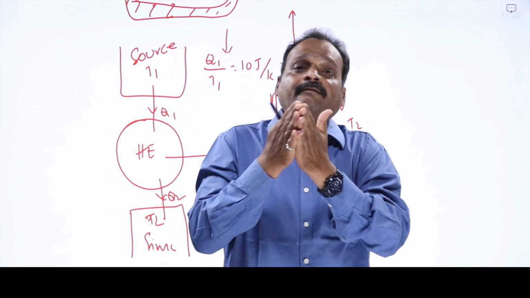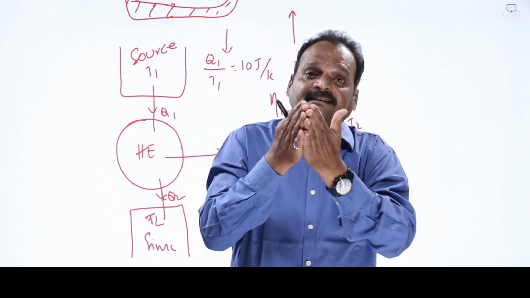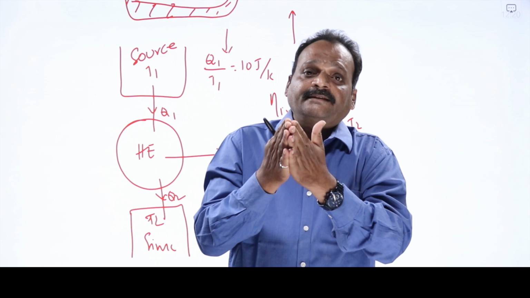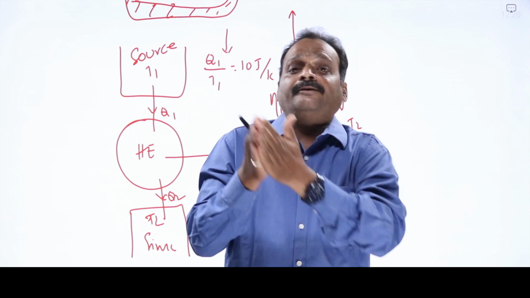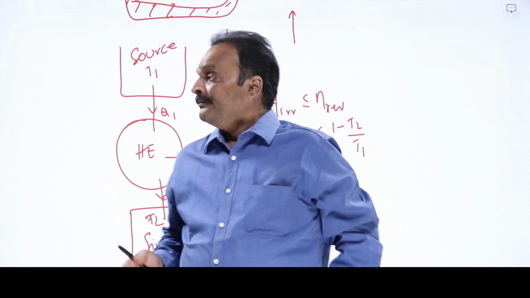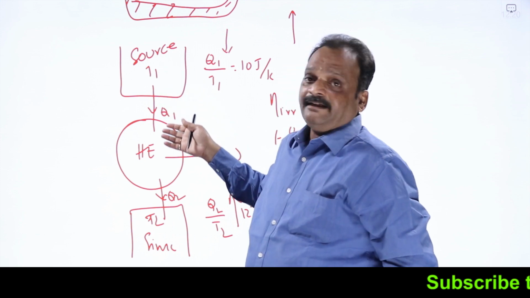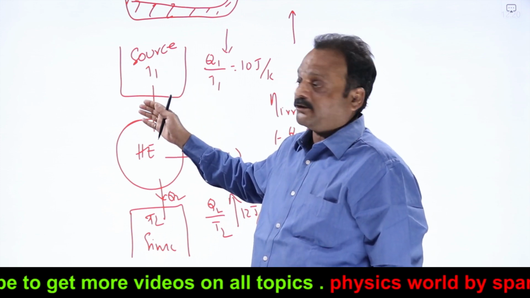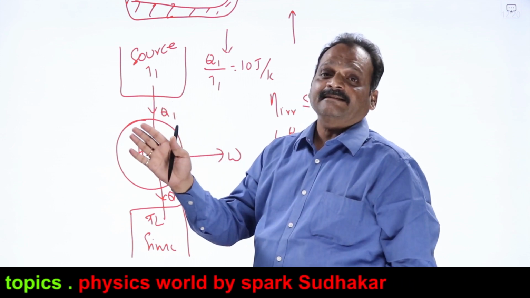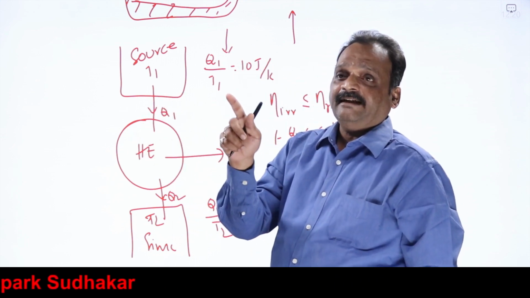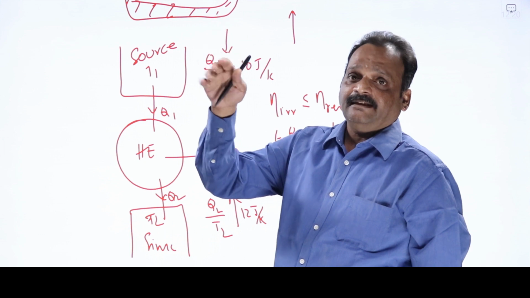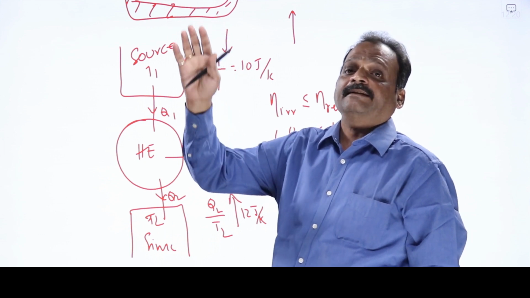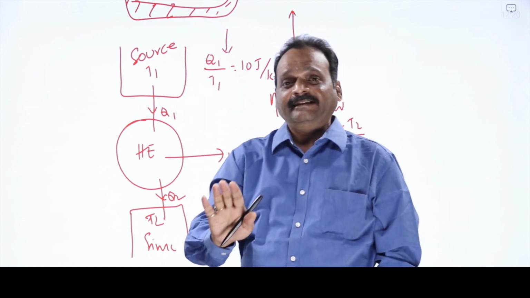If it is an irreversible cyclic process, system plus surroundings entropy, or isolated system's entropy, or universe entropy is increasing. Nowhere will we find in any process the entropy of the surroundings plus system, that is entropy of the universe, decreasing. If it is a cyclic process, entropy will remain constant. If it is an irreversible process, entropy will increase. But entropy of the universe will never decrease.